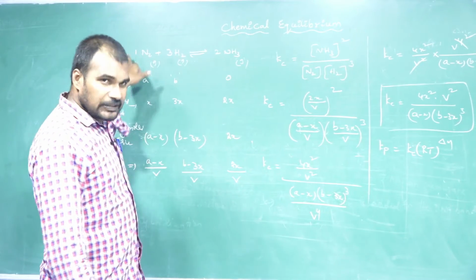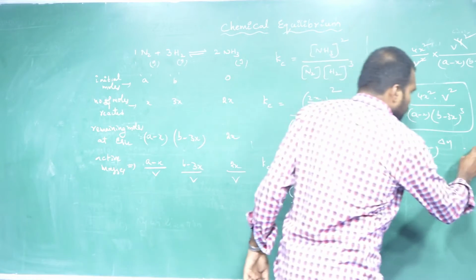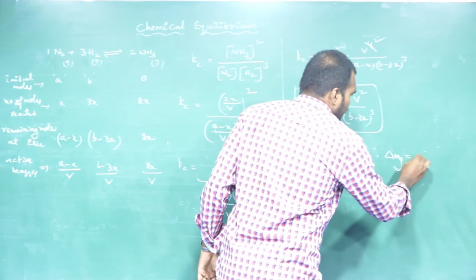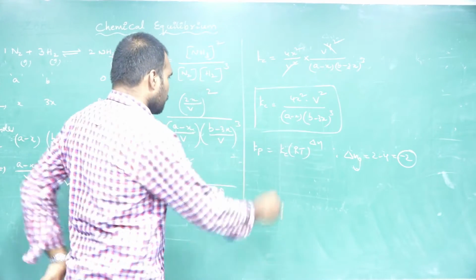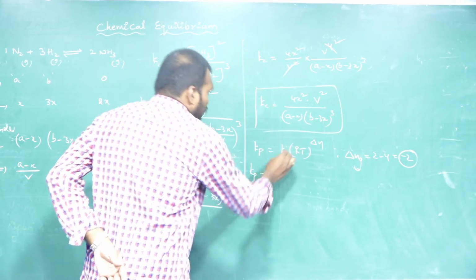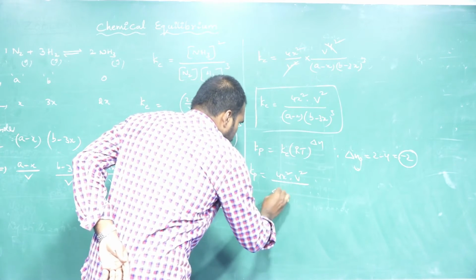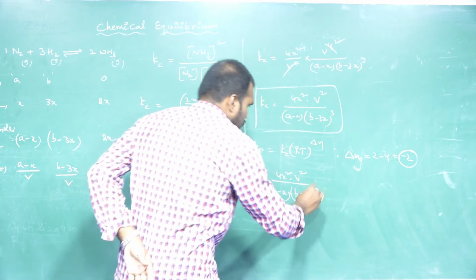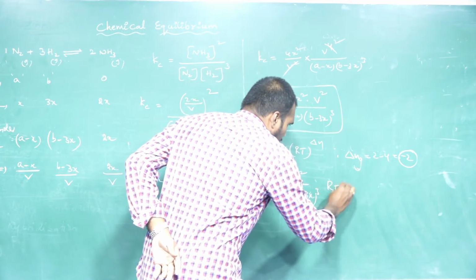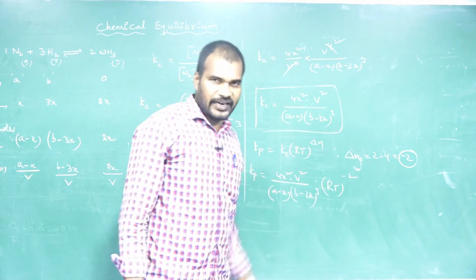So 2 minus 4, del Ng value is minus 2. Substitute: Kp is equal to Kc value 4x square into V square by A minus x into B minus 3x whole cube into RT to the power of minus 2.